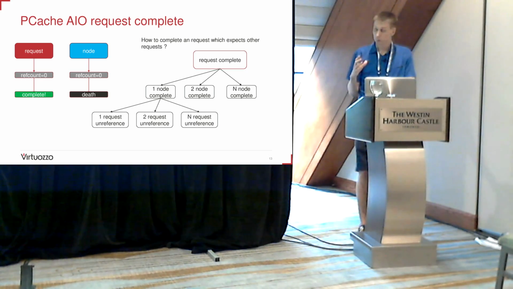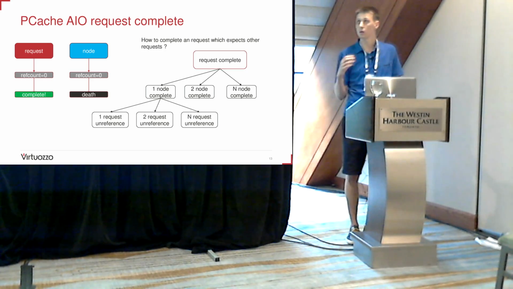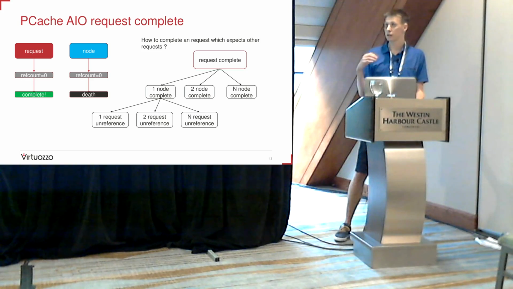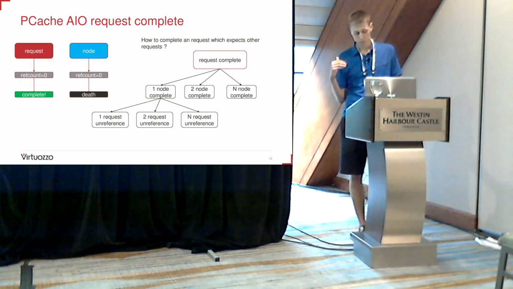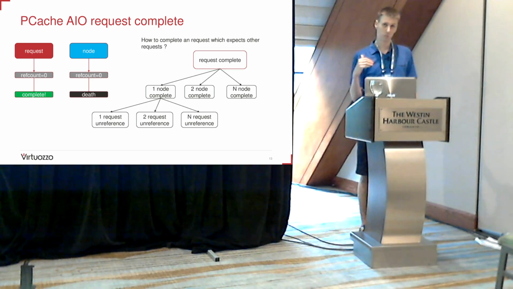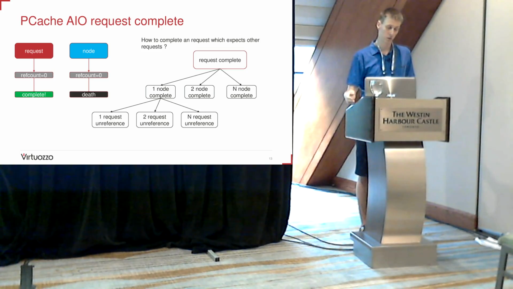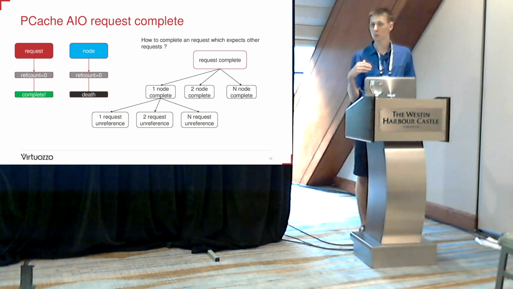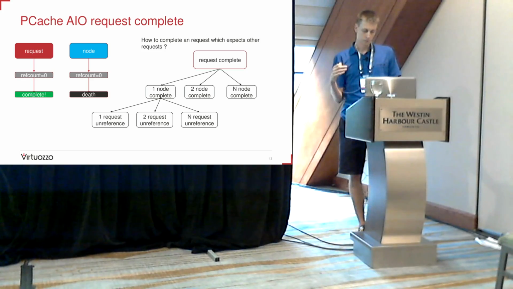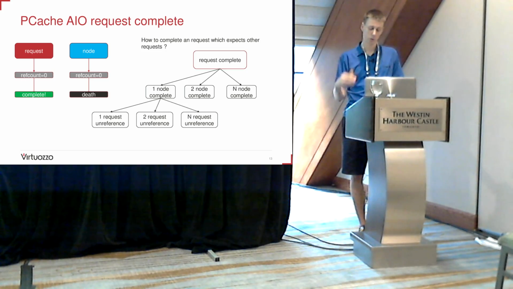Now, node completion can be described as decreasing the reference to the node, which can decrease the reference to a request. Request completion can lead to completion of all new nodes belonging to the request, and node completion leads to dereferencing all requests pending completion of these nodes.